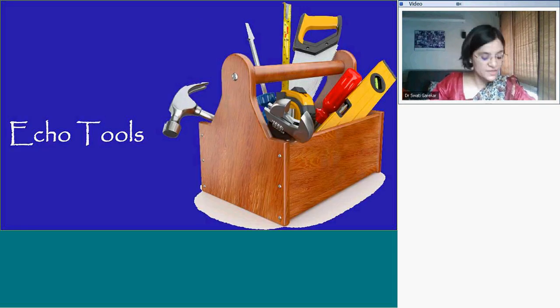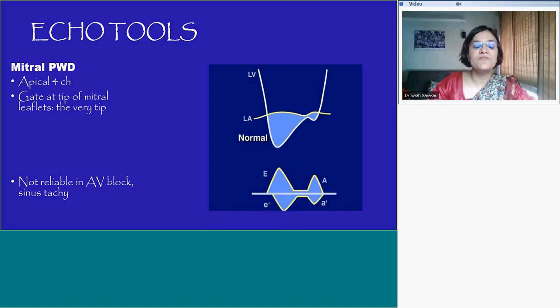Let's go through these tools in detail, beginning with mitral PWD. You obviously use it in the apical 4-chamber view, and place the gate at the tip of the mitral leaflets. I have slides devoted exclusively to that.